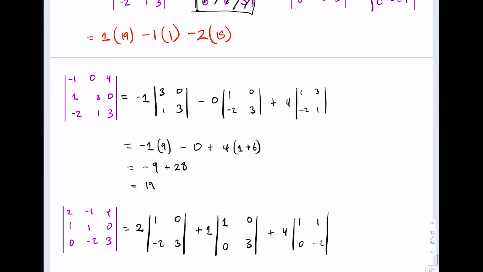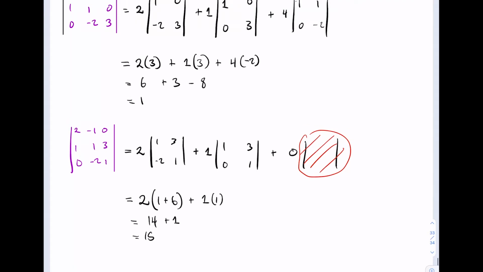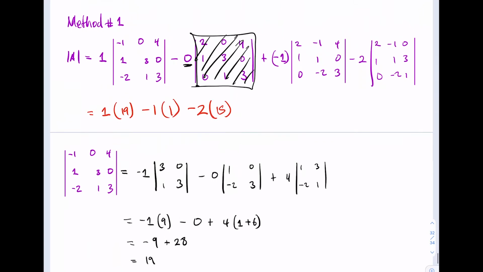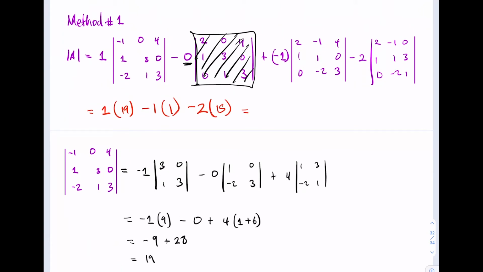Let's make sure we're entering the values correctly. So therefore this answer becomes 19 minus 31, which is equal to negative 12.